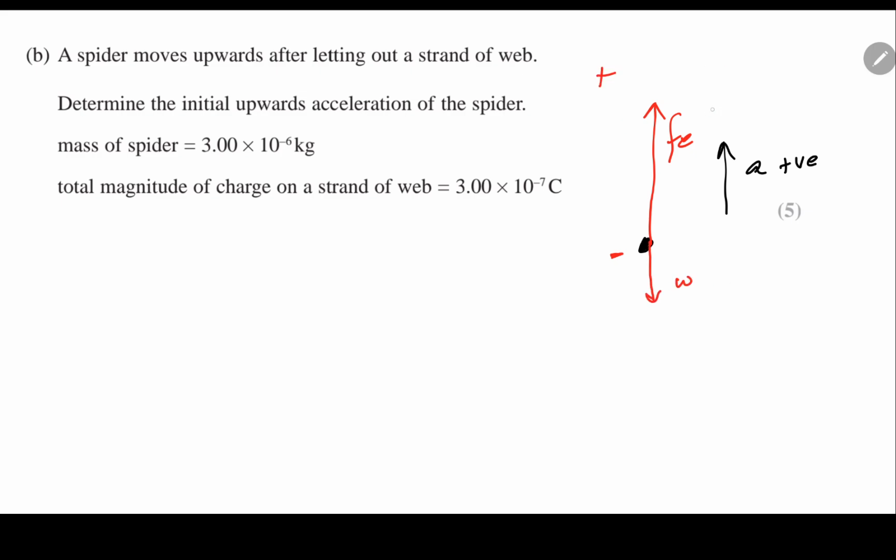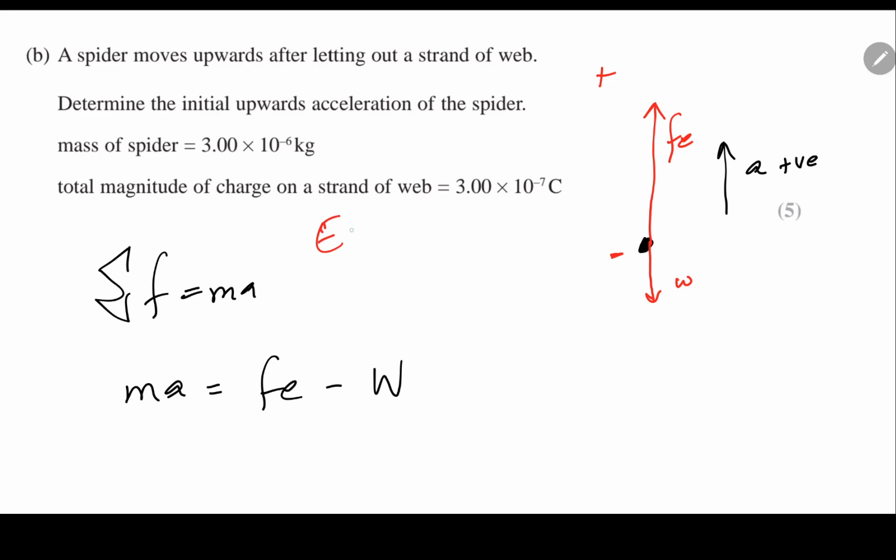So we can use Newton's second law, which is resultant force equals ma, and we can say ma equals Fe minus the weight. They've also given me the electric field, which equals 120 volts per meter.